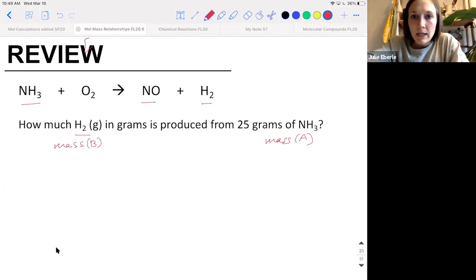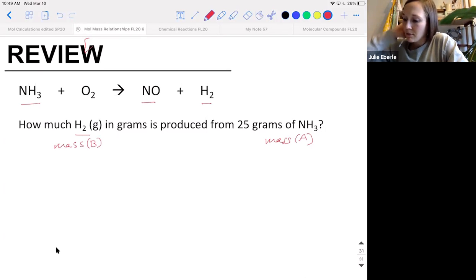But to me, it helps me recognize, oh, I'm going to have to use that little diagram and do this step by step, 3 steps. So I know I'm going to need the molar mass of both NH3 and of hydrogen.